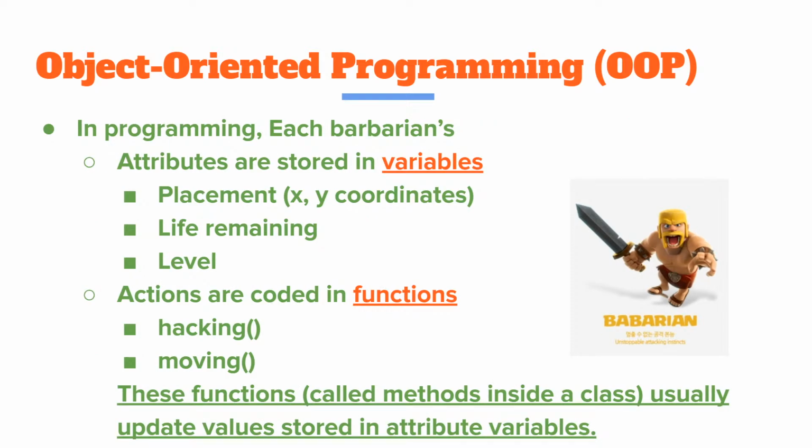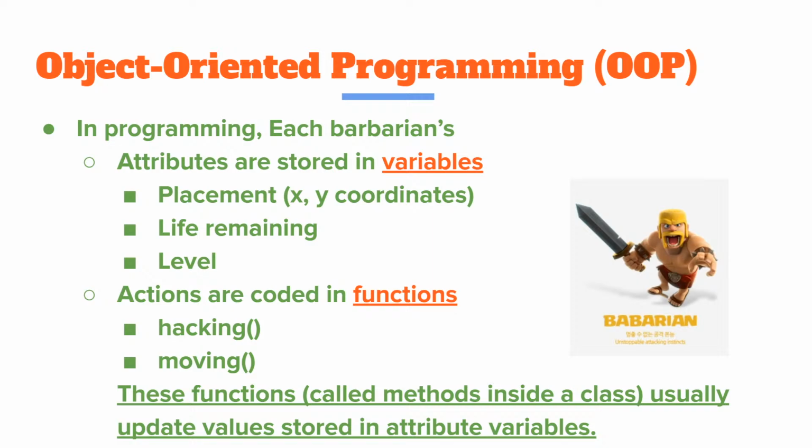So in programming, we saw that there are 2 kinds of things that the barbarians have. They have attributes, and they have actions, right? Attributes are like values. Although these values can change, they are storable.